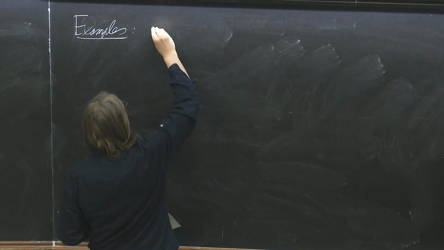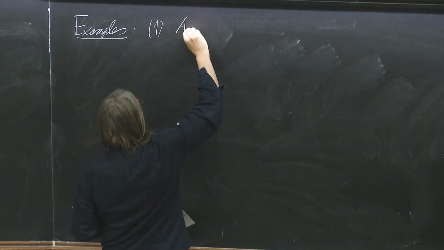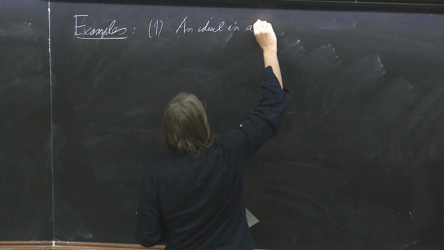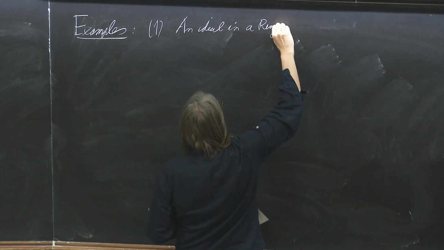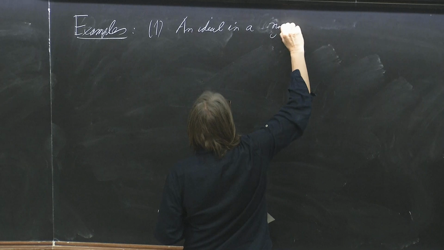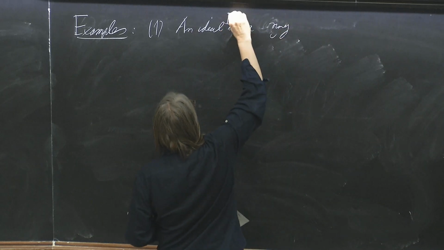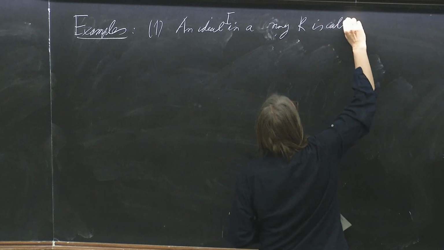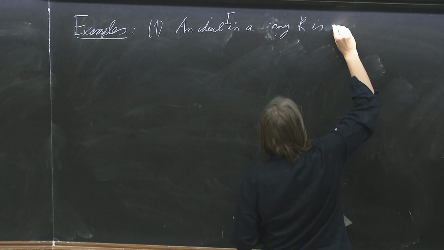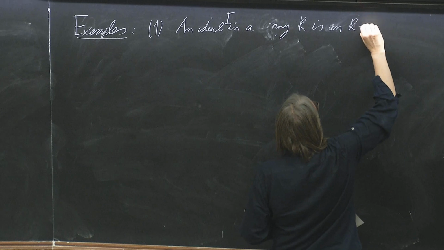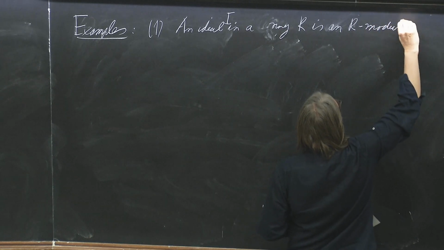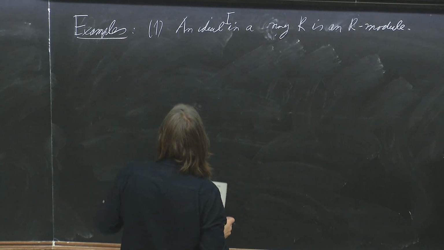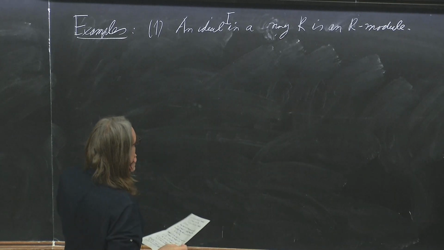So first, an ideal I in the ring R is an R-module. We just take the multiplication in R as the operation.